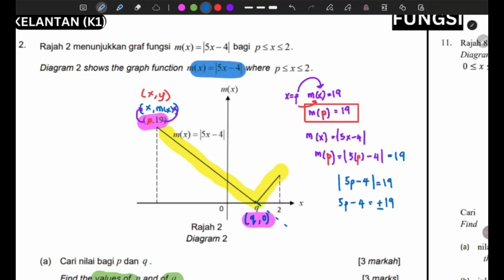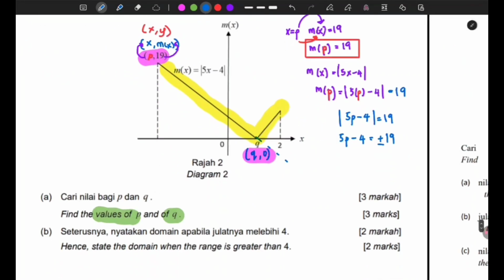And when you have a plus minus, the best way to solve is to split it into 2 parts. Sorry, I don't have enough space. So 5p minus 4 equals the positive 19, and another one, 5p minus 4 equals the negative 19, and solve for your p.